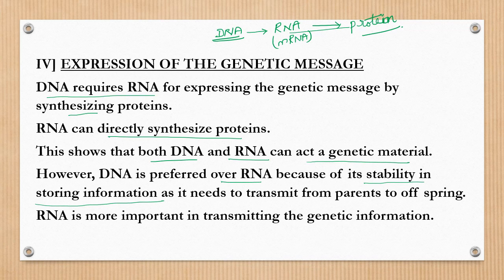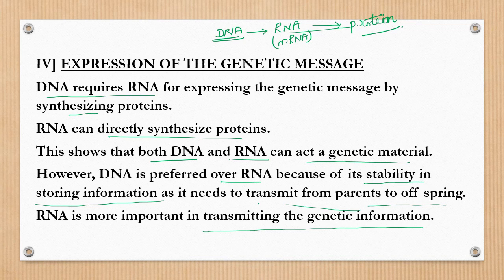As DNA needs to be transmitted from parents to offspring, due to its stability in storing information, it is transmitted from parents to offspring. RNA is more important in transmitting the genetic information. RNA does not have much stability for storing information.